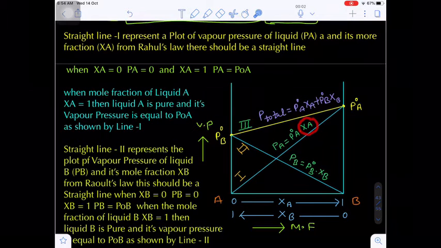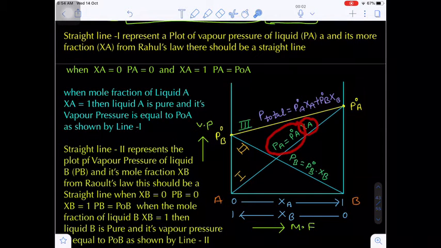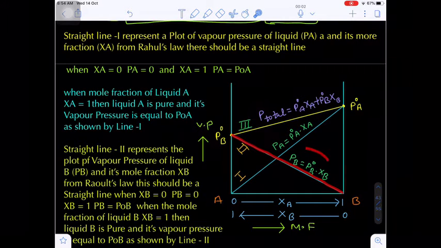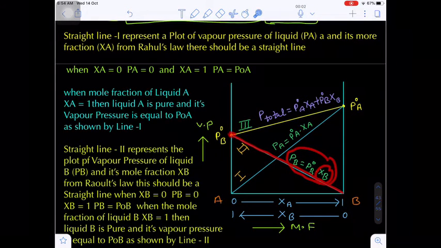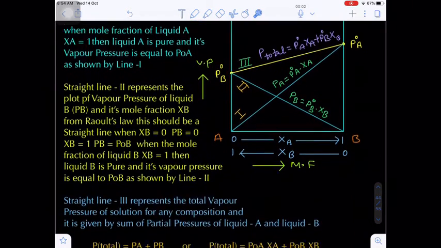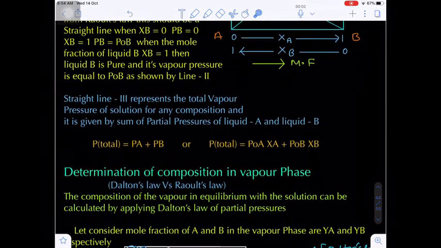If XA equals 1, then PA will be equal to P naught A, the highest value. The straight line 2 corresponds to the vapor pressure of component B, so PB equals P naught B into XB. If XB equals 1, then PB will be equal to P naught B, the highest value of the partial pressure of component B. Are you getting my point?